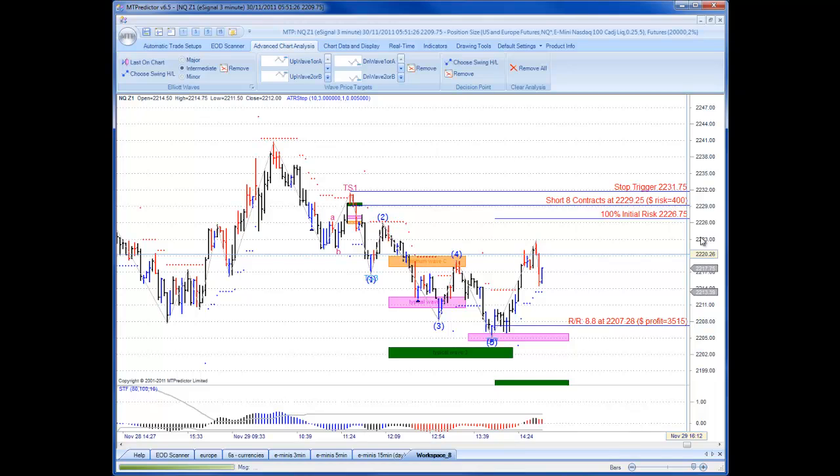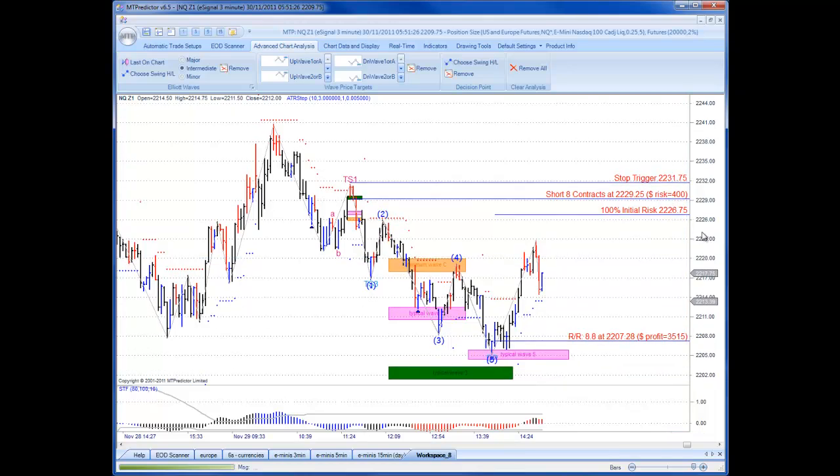Having an initial risk of $400, this is our position sizing, to then have a profit approximately 8.8 times bigger, in other words, turning an initial risk of approximately $400 into a profit of 3,500 is a very, very good trade indeed.